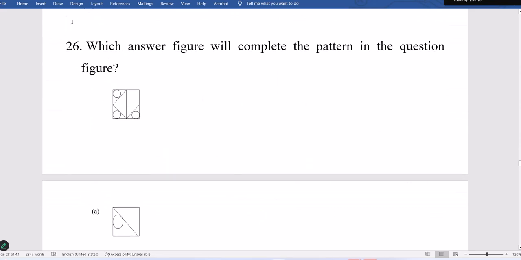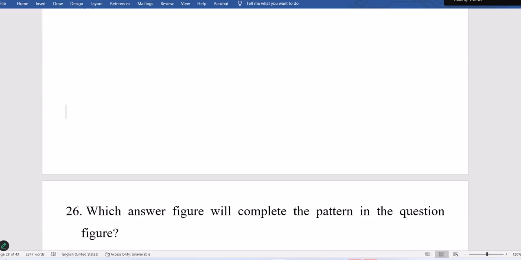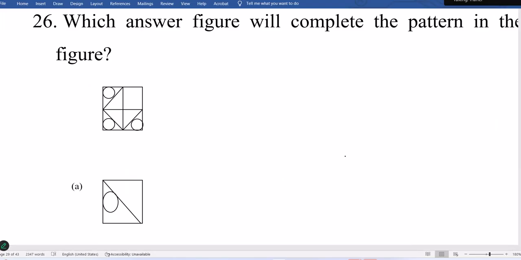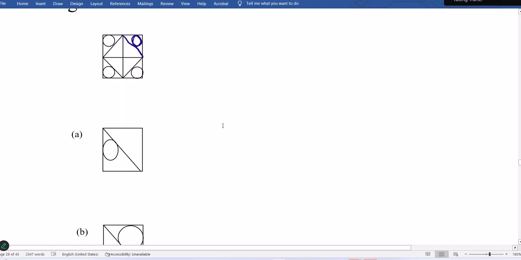This is again what is required to complete this entire pattern. This diagram you can zoom and check once. Here to complete this diagram, what is required here? We need a line, and above we need a circle. Right? So line above circle required. It's below.